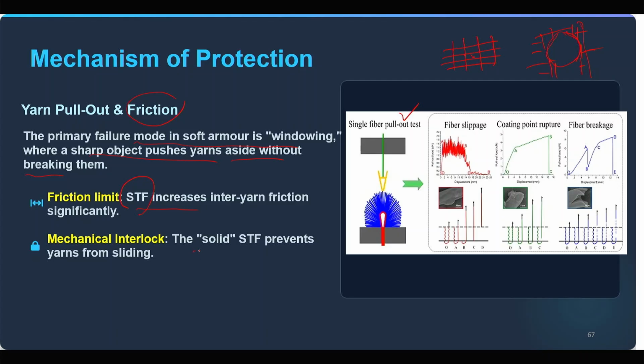The STF prevents the yarn from sliding. Due to the high impact, at the high shear rate, this STF becomes solid in between the yarns, and that will hold the yarns and prevent them from sliding at high shear rate.